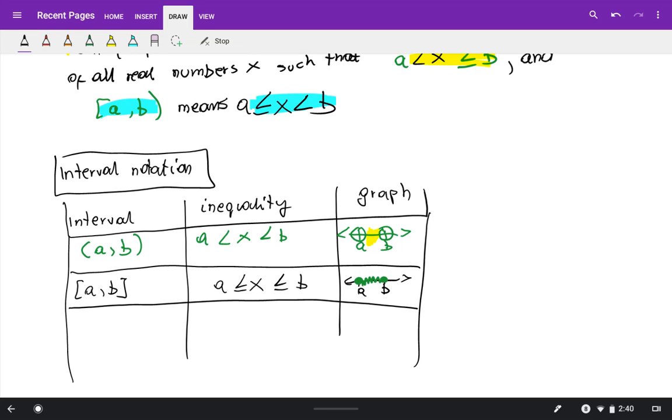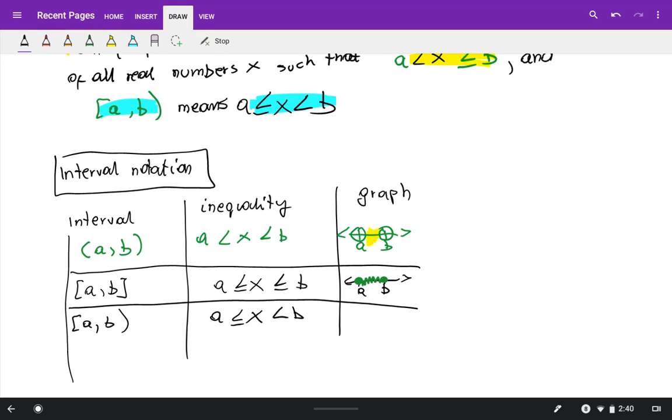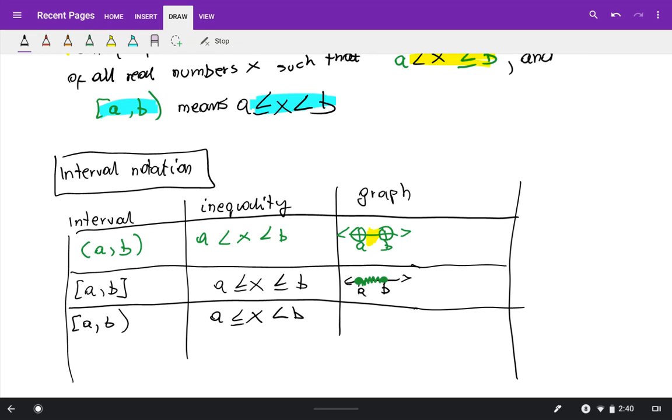Then we have the half open interval, bracket a comma b parenthesis. In terms of inequality, that means x is greater than or equal to a, however it's less than b. Let me just extend the graph a little bit. To graph that, we put a and b. The first solution will be a. The last solution is going to be a number super close to b, but we're not including b.